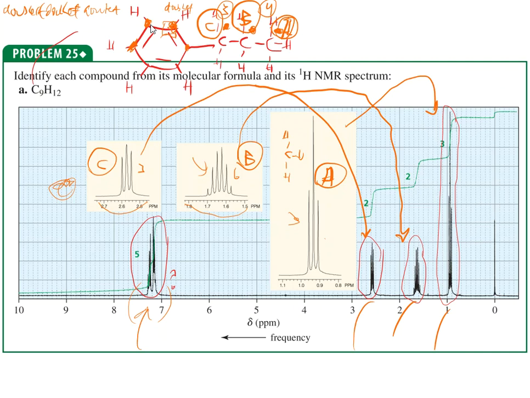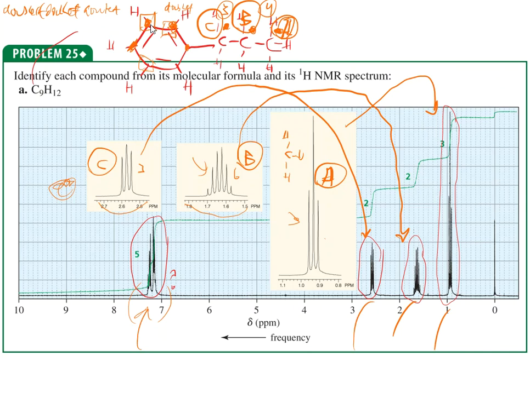And then finally, in the para position, I would see the one to the top right and the one to the bottom right. These are equivalent to each other, right? So again, don't get tricked. They are equivalent to each other, so I do not treat them separately. I get one hydrogen from there, which is 1, and another hydrogen from that second position, which is 2.